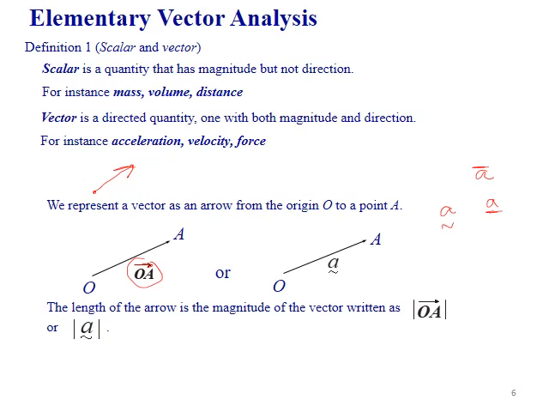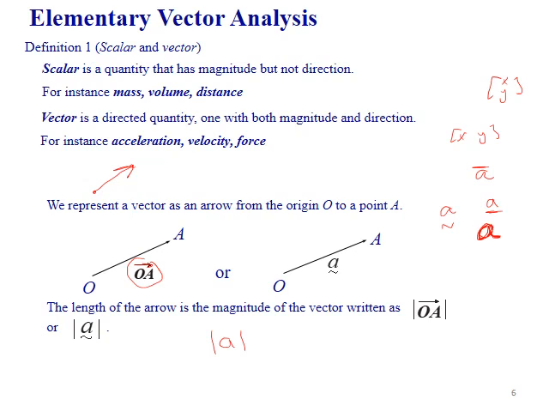You can see different ways they represent it in textbooks. Sometimes it's written as a ray in this way, or in this way, and sometimes it's written in bold, for example a in bold, to say that this is a vector. Each vector has a length or magnitude, represented in this way.